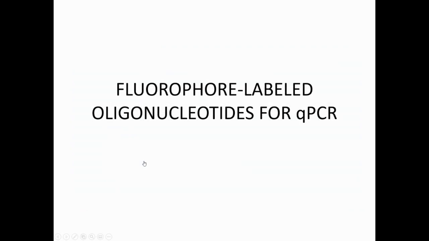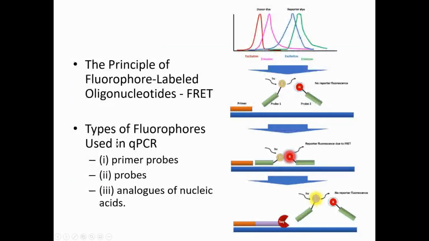Okay, and that's the first one we talked about. We discussed the SYBR Green, ethidium bromide, non-specific DNA binding probes, and now the second detection method will be the fluoro-labeled oligonucleotide for the qPCR.